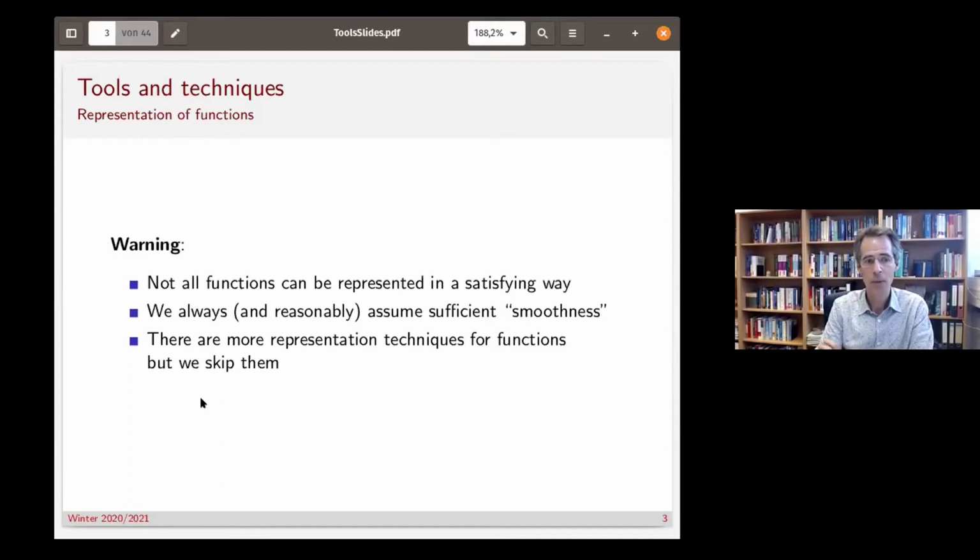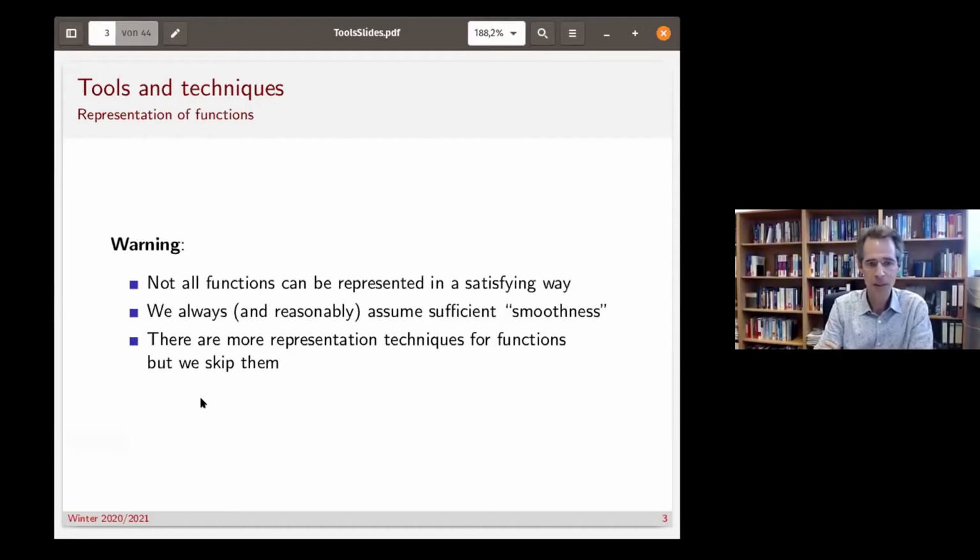So what we will assume, and actually it's a reasonable assumption usually, is that the functions we would like to approximate, and these functions are the value functions, have a certain kind of smoothness. So they don't oscillate in a wild way in the state space. Okay, so the value function is assumed to be smooth, and then it's relatively easy to approximate it.